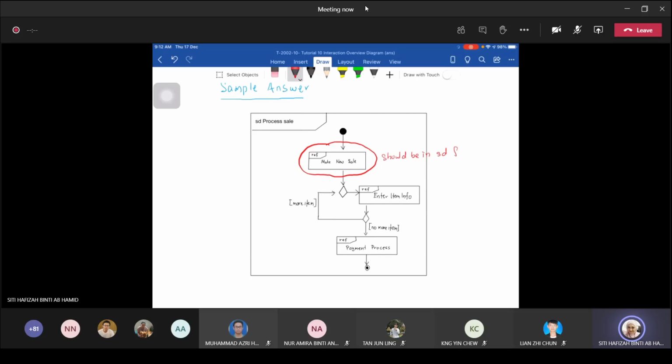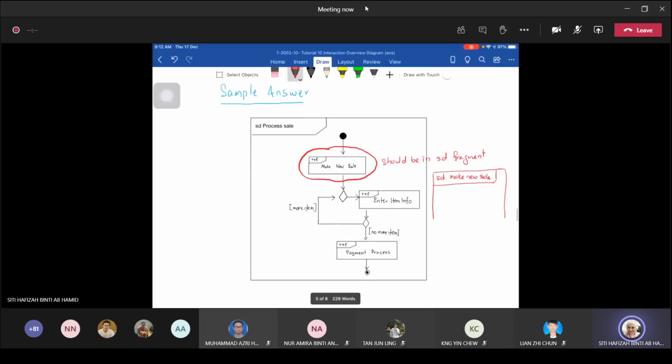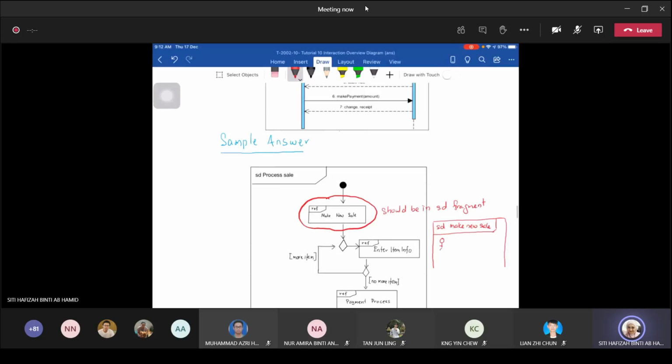So it's just like this: SD make new sale, and then because the process is only that, you will have cashier and system.